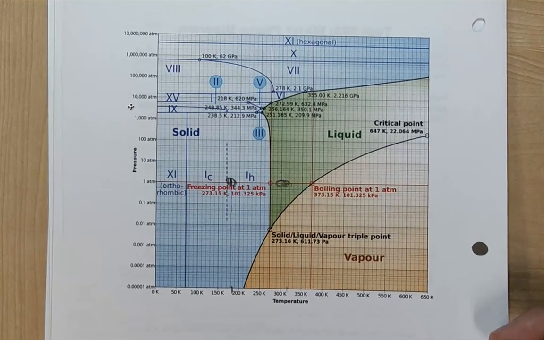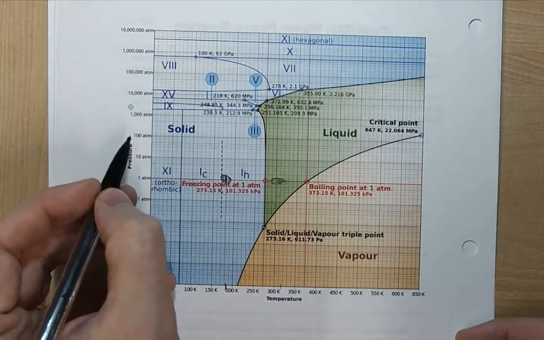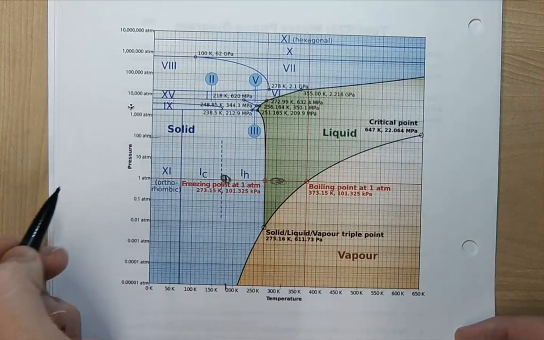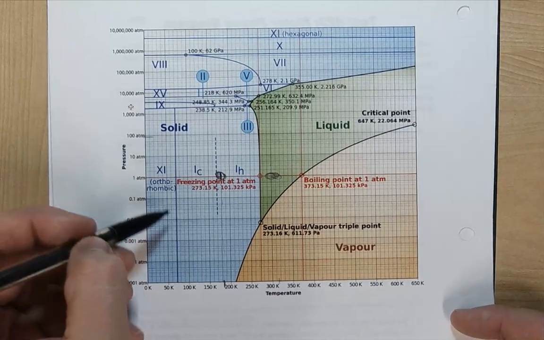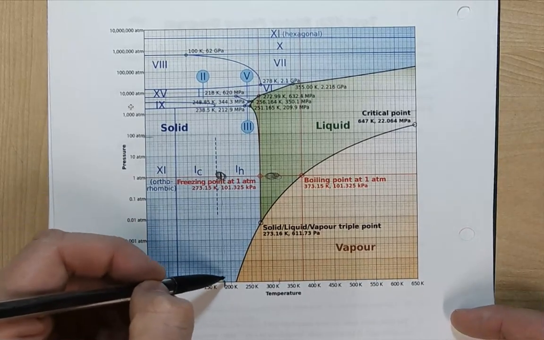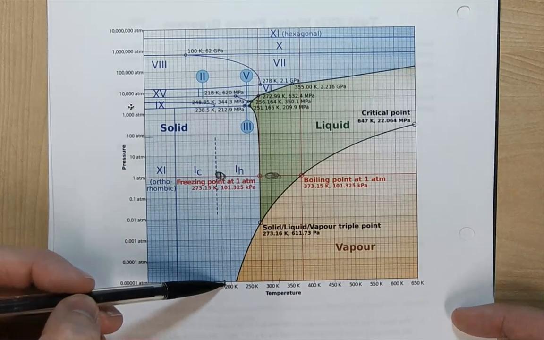What is water like under those circumstances? 90 atmospheres is just a little under 100, and 184 is right about there where we were looking at that first planet.